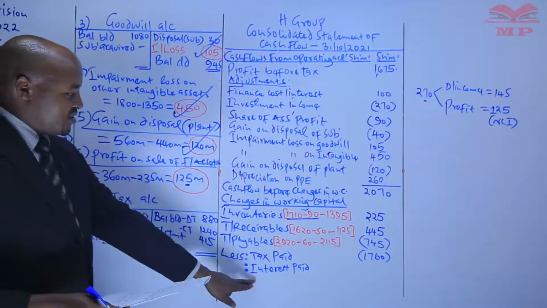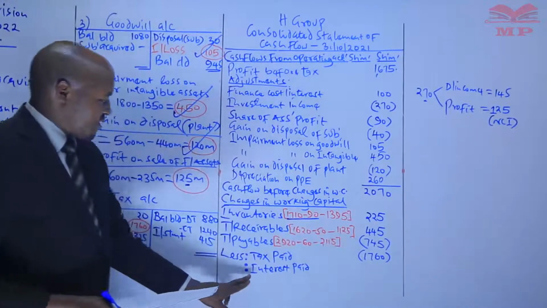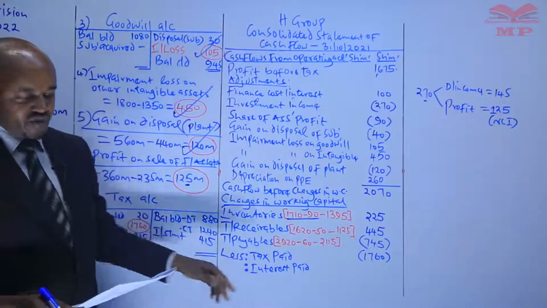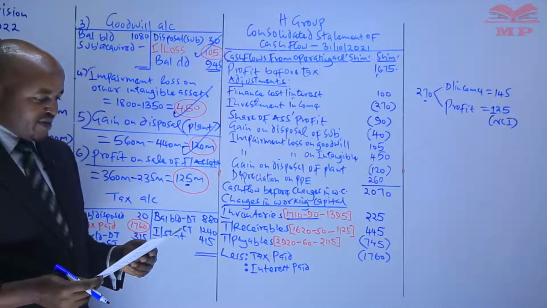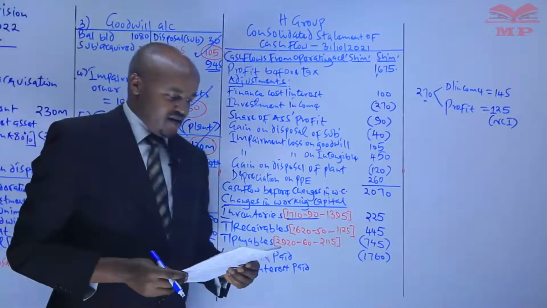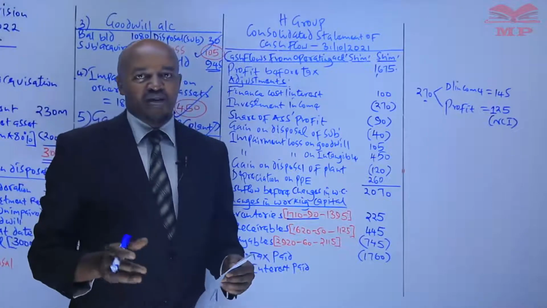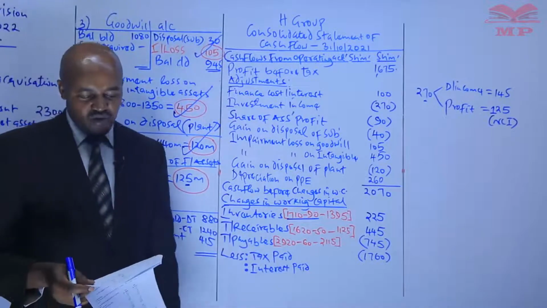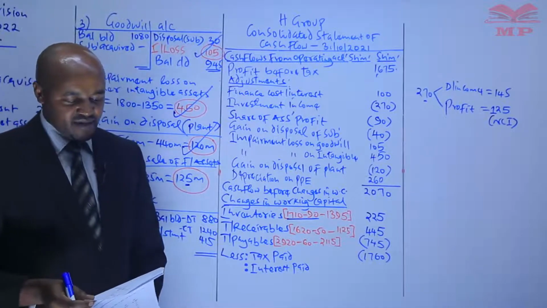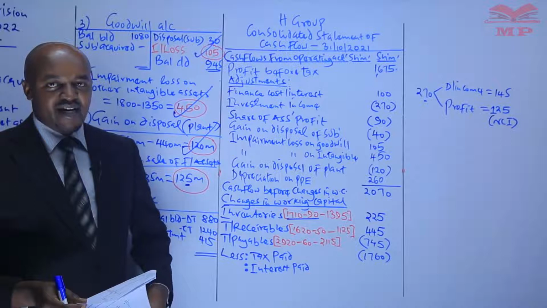Then what about the interest? Interest is another name for the finance cost, which we have in the income statement. The finance cost in the income statement is 100, and that is the finance cost for the year. But to determine the amount of interest which was paid, you go to current liabilities and check: was there any accrued interest?